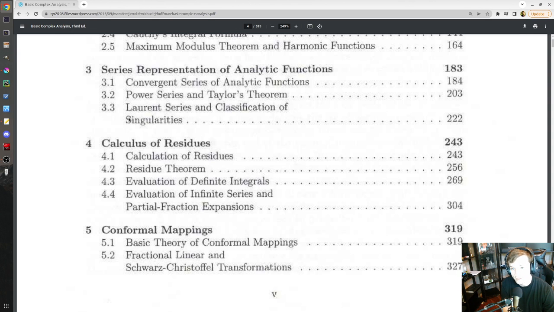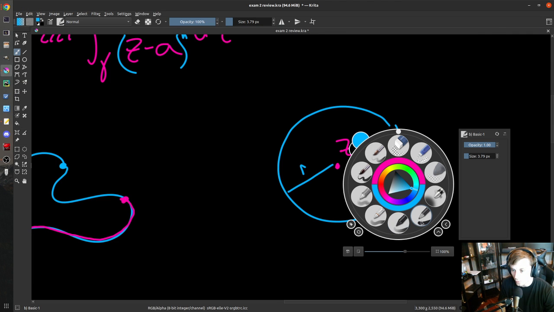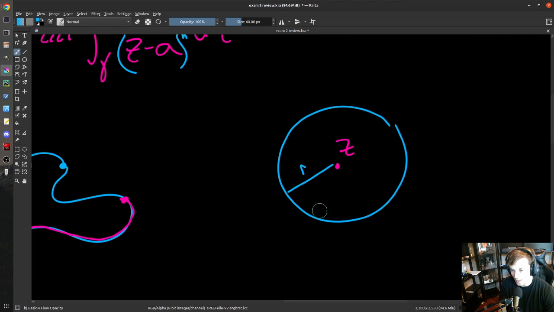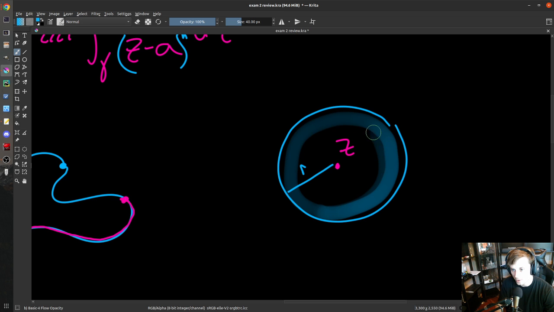What we started to get into at the very end of it, though, in 3.3, was we got back to that 1 over z example. So here, when we were dealing with just a straight up nice power series, we had convergence inside of a disk. When we moved on to Laurent series, all we really did is we attached an additional piece.